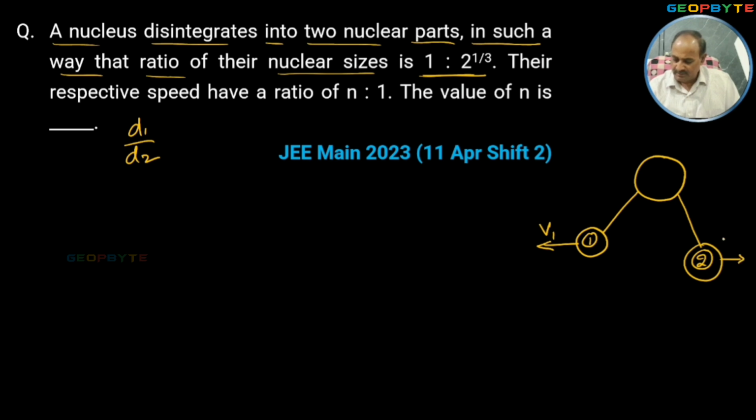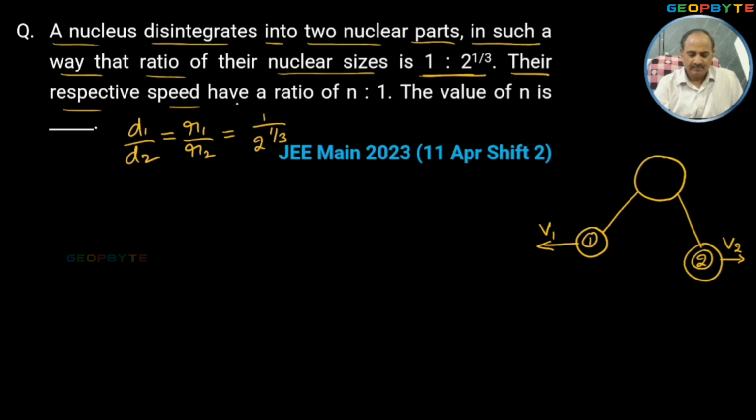The other one is moving in this direction with a velocity v2. The ratio of their sizes d1 by d2 equal to r1 by r2 is equal to 1 by 2 power 1 by 3. That is given. Their respective speeds have a ratio of n is to 1, then the value of n is. You are asked to decide what is the value of n.